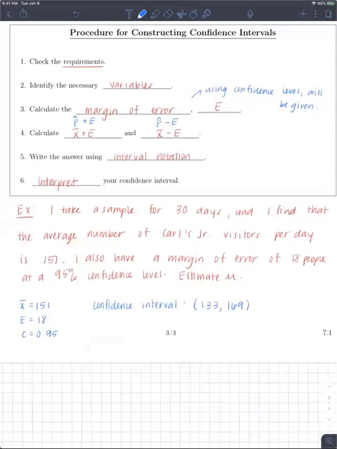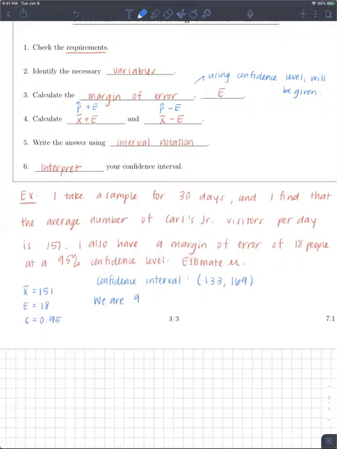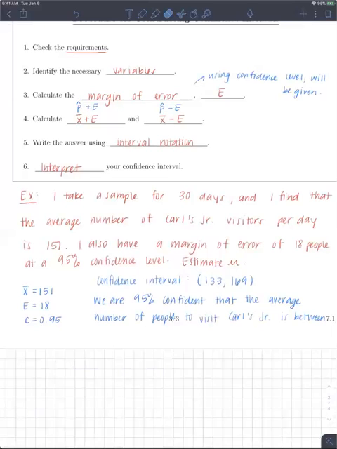And so then my interpretation, which is the point I wanted to get to, would look like: we are 95% confident that the average number of people to visit Carl's Jr. is between... and here I should add something.